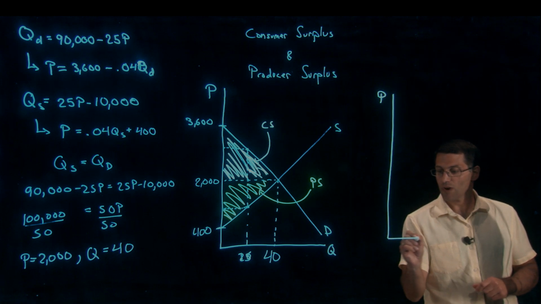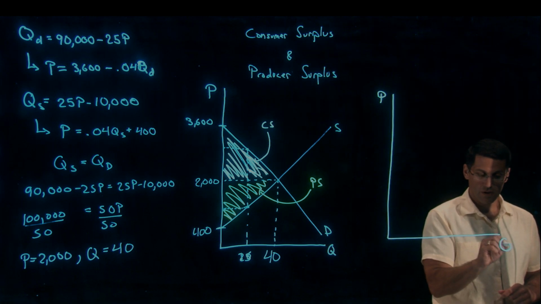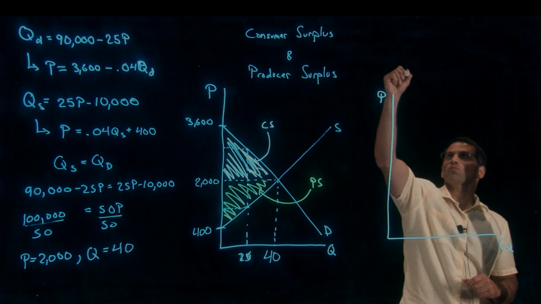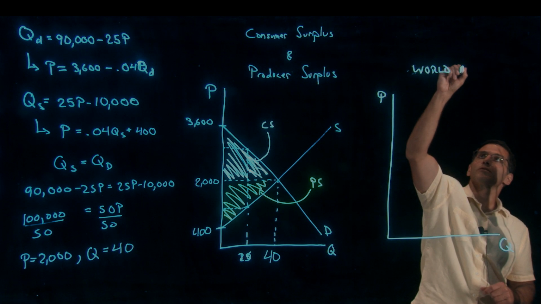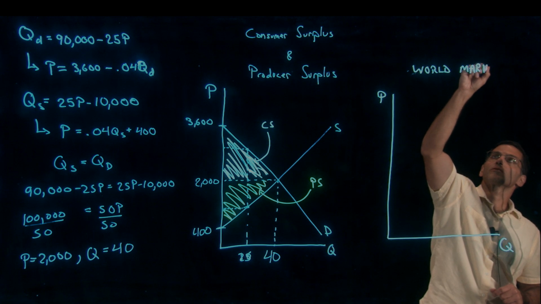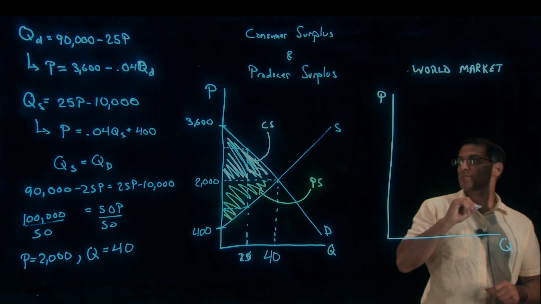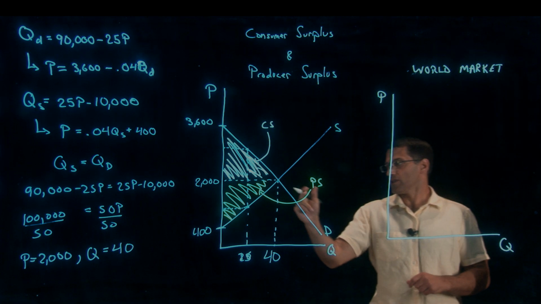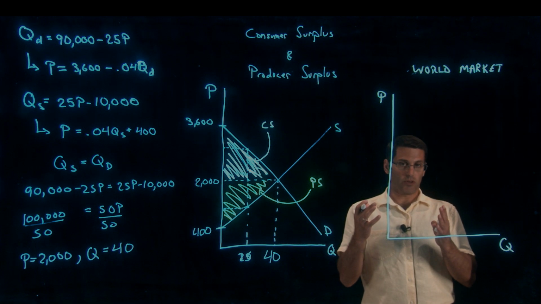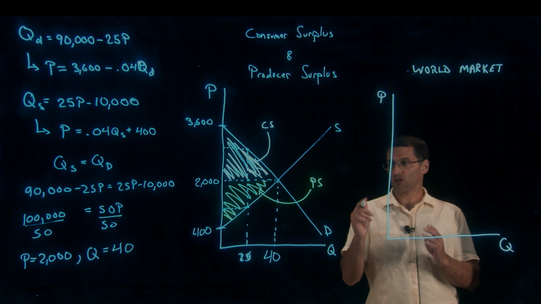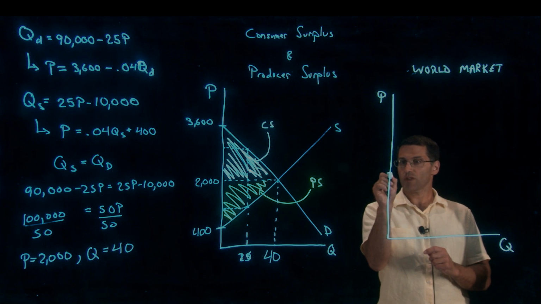The graph on the right is the domestic market, and this is the world or international market. Okay. And what we are seeing here is that the domestic equilibrium, or what we call the autarky equilibrium, the equilibrium with no international trade, is at 2,000.